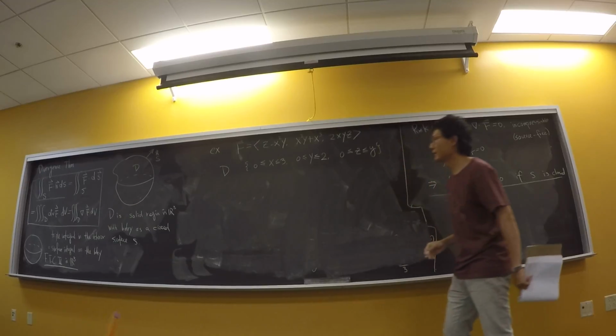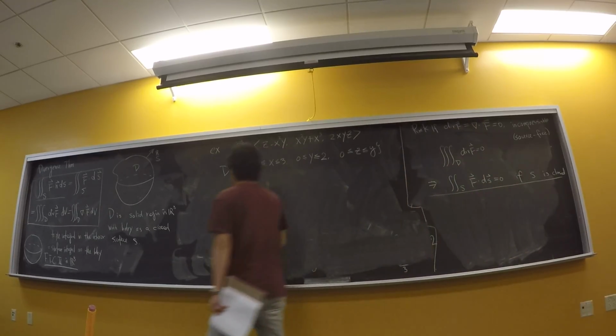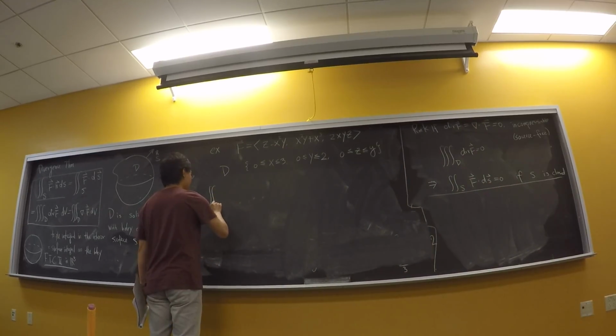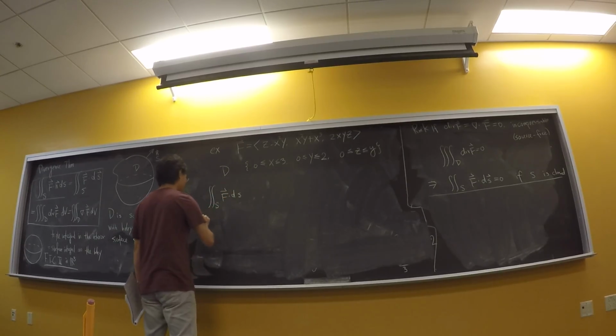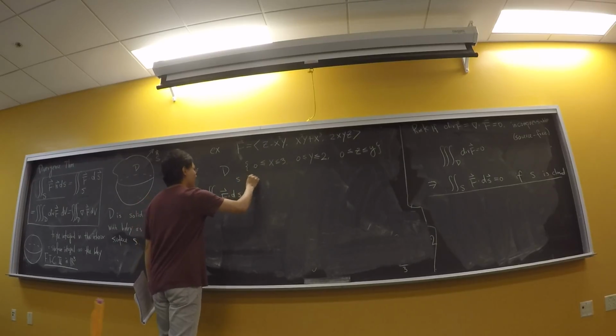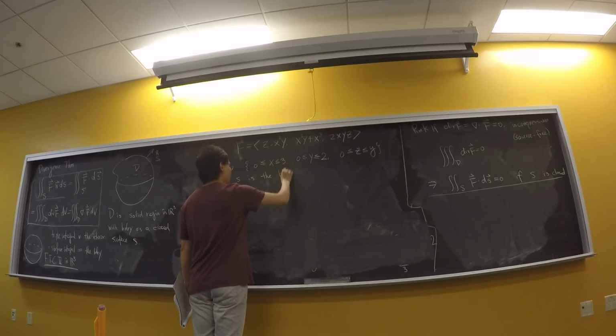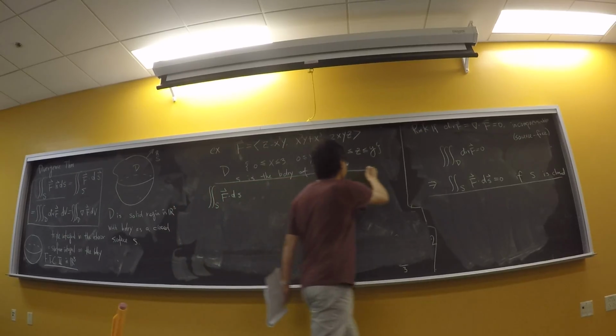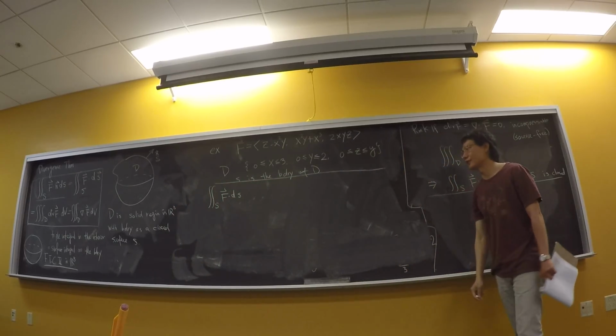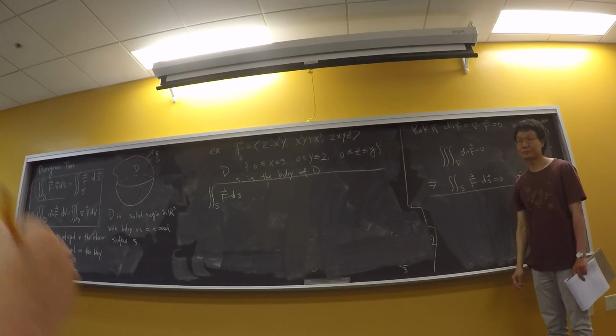So this is the domain, which means I want to compute the surface integral of F dot dS, where this S is the boundary of D. Okay, so this is our problem.